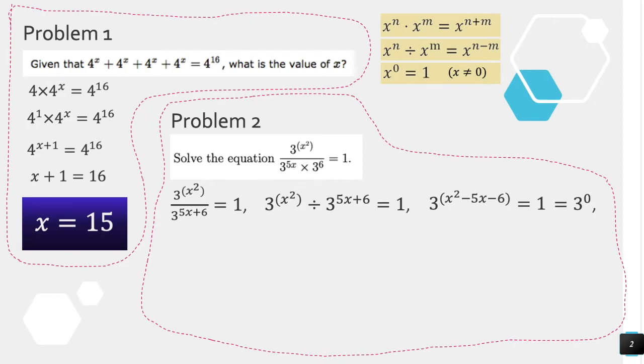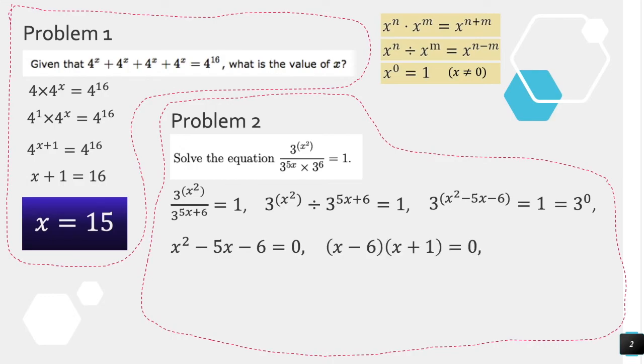From that, we realize that in order for our equation to stand true, 3 to the power of 0 must equal 3 to the power of x squared minus 5x minus 6. In other words, 0 must be equal to x squared minus 5x minus 6. Using some basic knowledge on how to solve quadratic equations with the factorization method, we know that x squared minus 5x minus 6 is equal to x minus 6 times x plus 1.